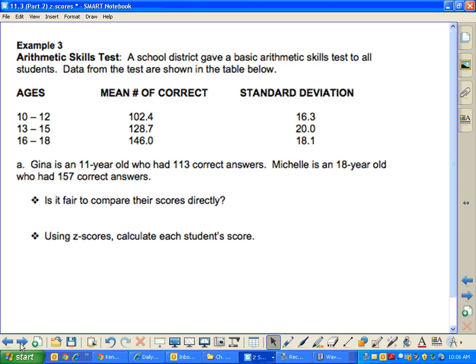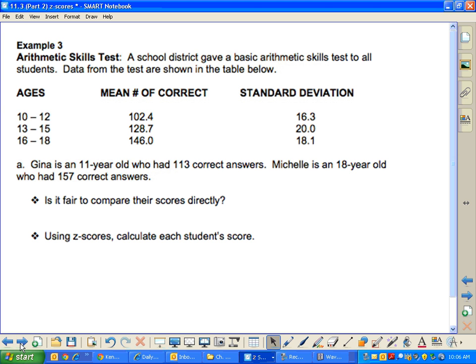So you see they broke their data down into age groups, found the mean for each age group, and found the standard deviation for each age group. Part A. Gina is an 11-year-old who had 113 correct answers. Michelle, she's 18. She scored 157 answers correct.